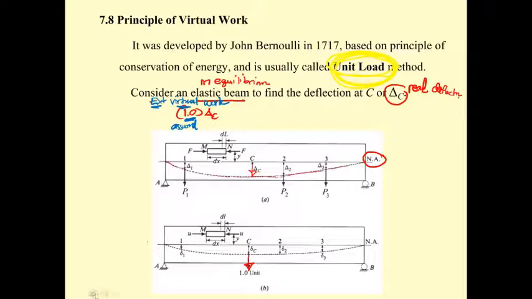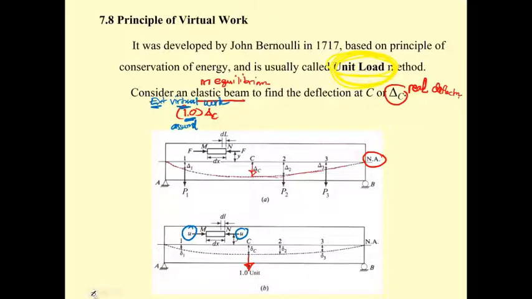And then he said, this unit load is going to produce a force here; the 1.0 produces a force u here.